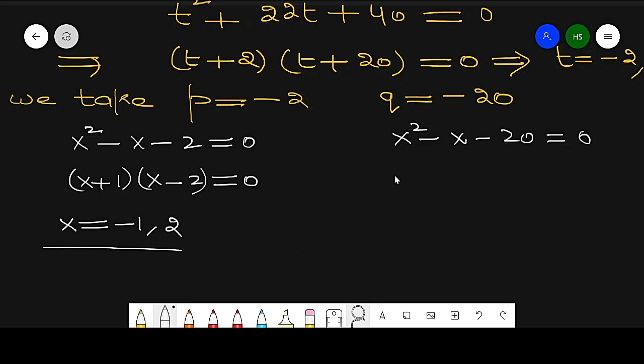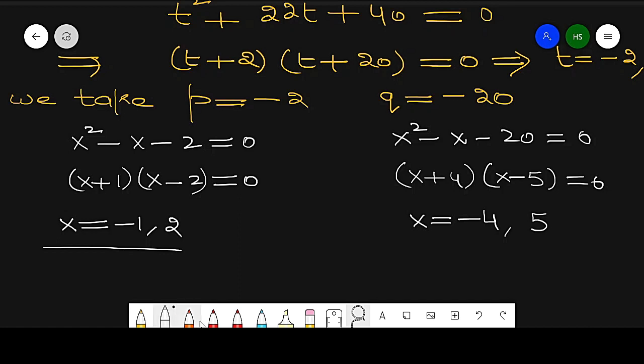Now here it is x plus 4 into x minus 5. So from this the roots are minus 4 and 5.